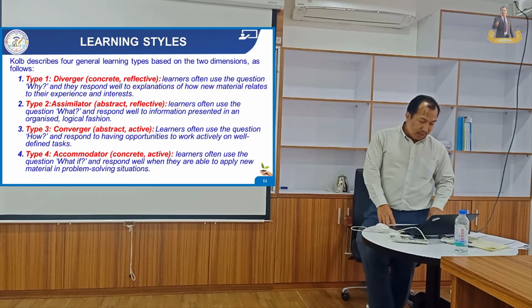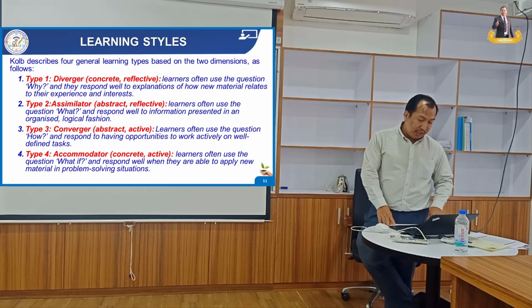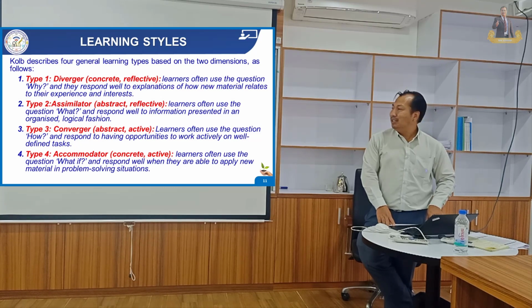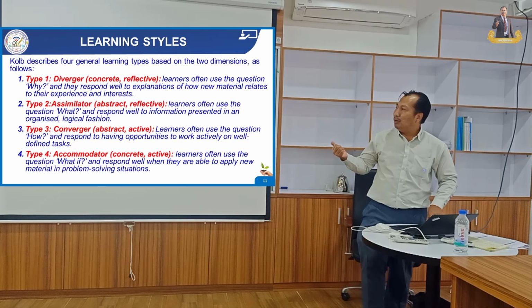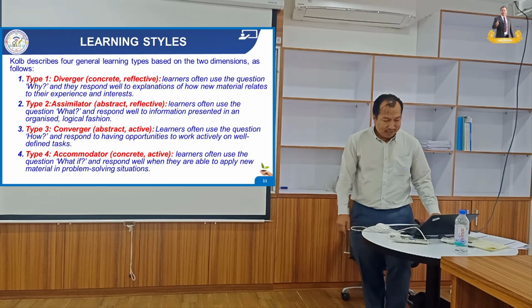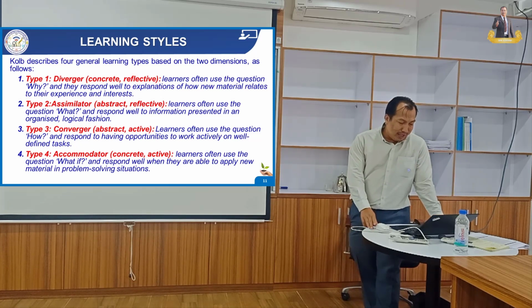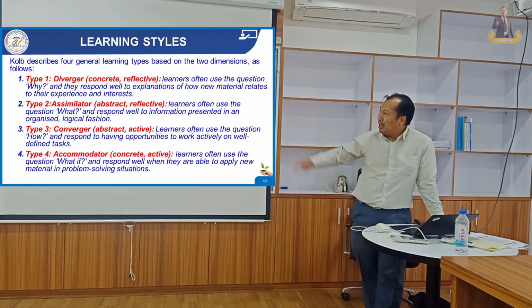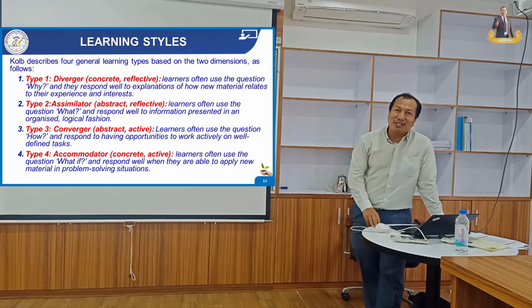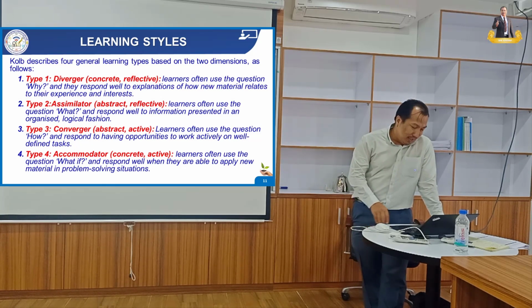Type number 3, the converger, abstract and active. This learner often uses the question how, and responds to having opportunity to work actively on well-defined tasks. So it's about, we can say, construction or building anything, like maybe a project. They keep asking how, so they may seek out more.